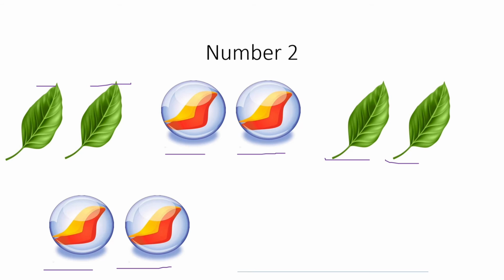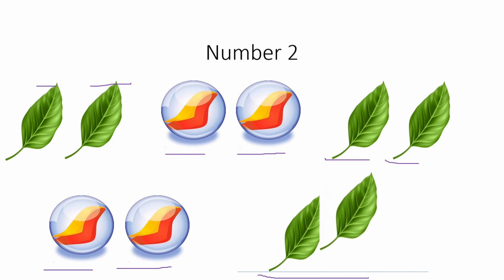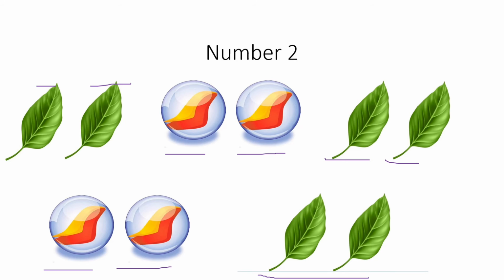So if we are watching this pattern again, we are seeing it is happening again and again. It is repeating itself. So first we have leaves, marbles, leaves, marbles. We are missing leaves. And let's go on to our final question.